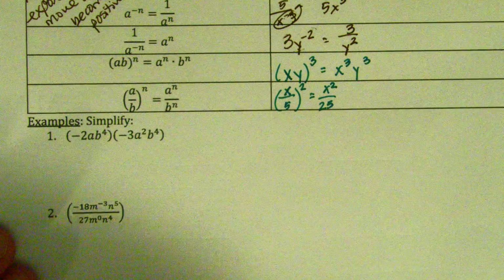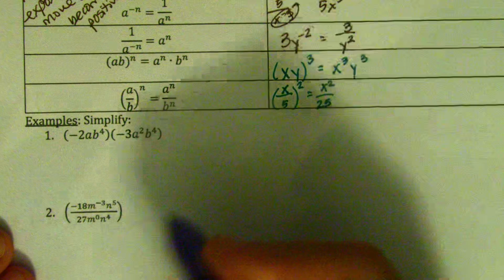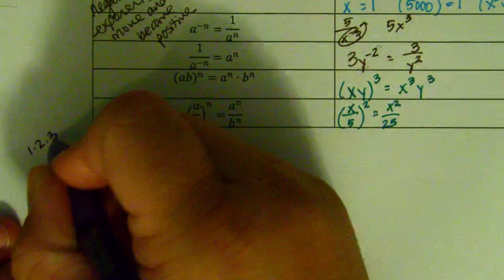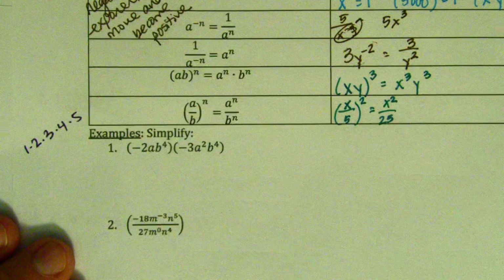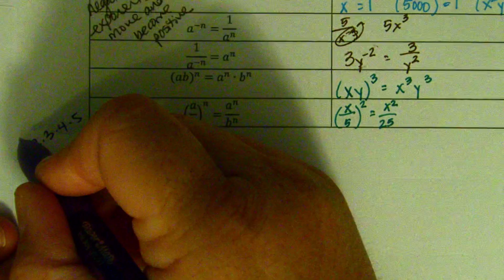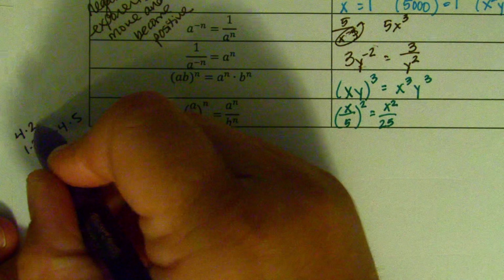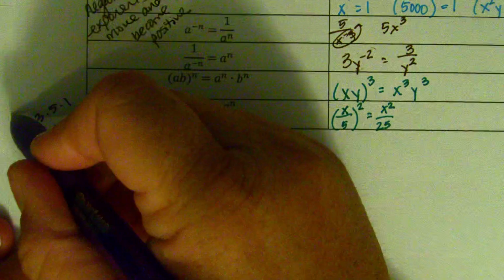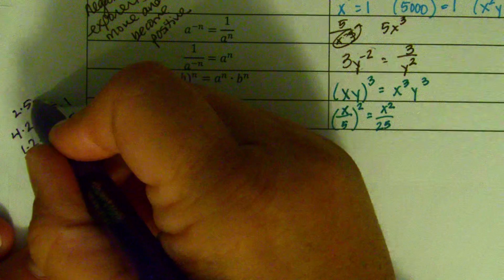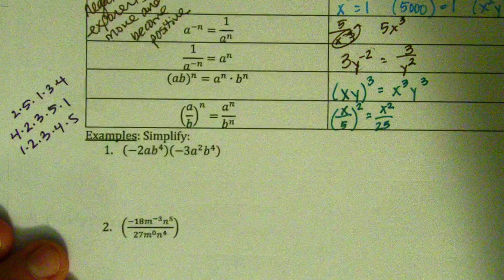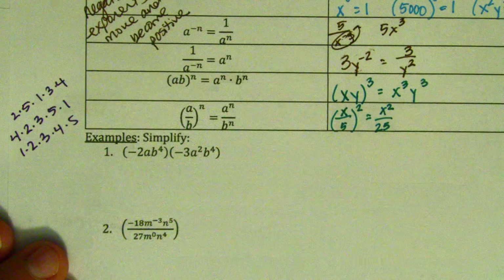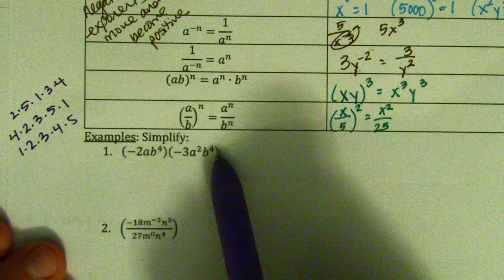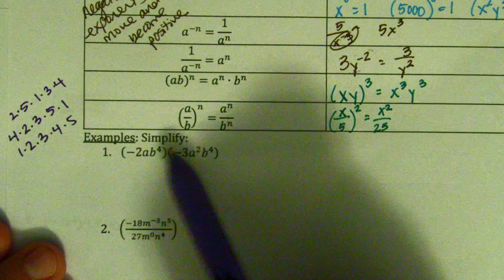And in this example, if you think about numbers, if I have the numbers, let's say 1 times 2 times 3 times 4 times 5, well, if I do them in that order, or if I change the order, if I do 4 times 2 times 3 times 5 times 1, or I could change the order again, 2 times 5 times 1 times 3 times 4, all of those are going to give me the same answer. So these are all being multiplied. There's no exponents being applied to them.